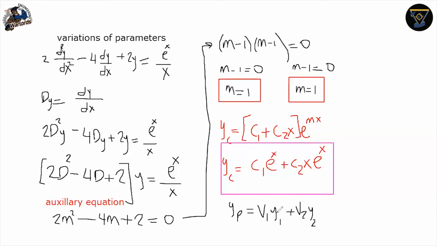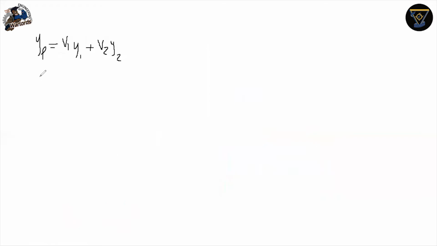So what we're saying is that Y1, if you use comparison, is e to the x and Y2 is xe to the x, right? So that's what we're going to write: Y1 is equals to e to the x and Y2 is equals to x e to the x.